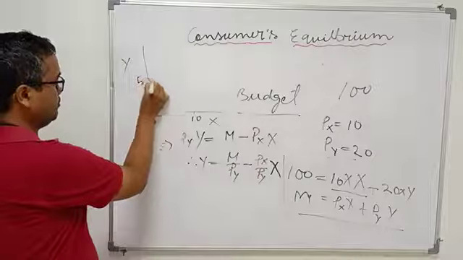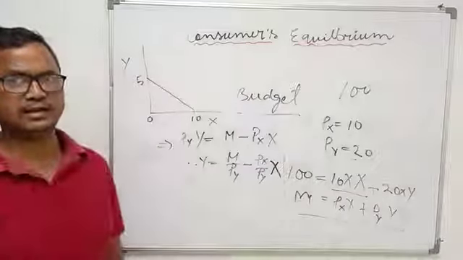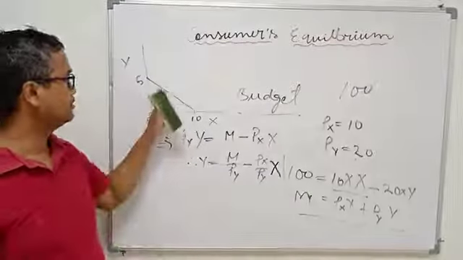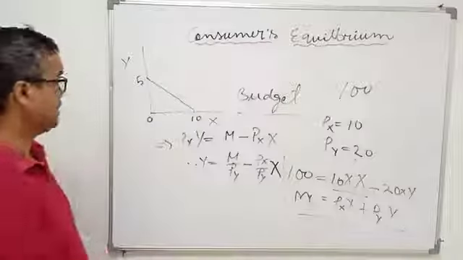If I join these two points in the graph with a straight line, that is called your budget line.